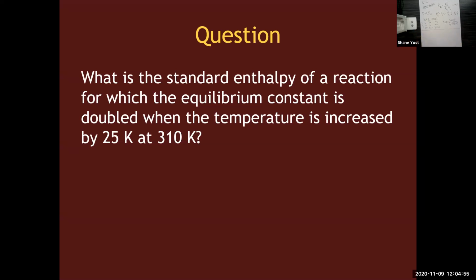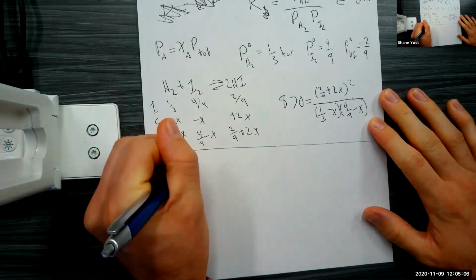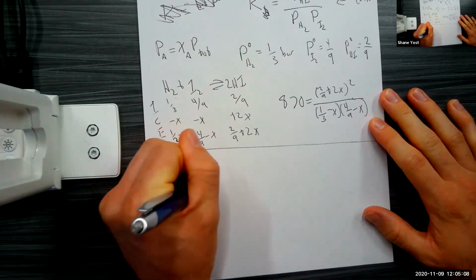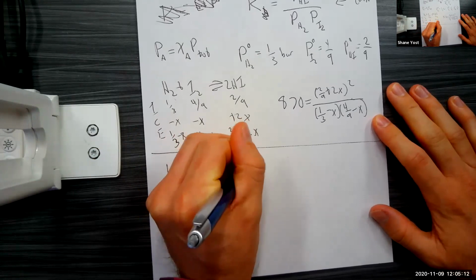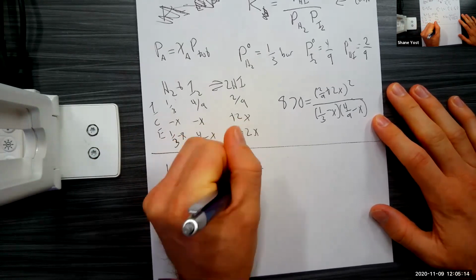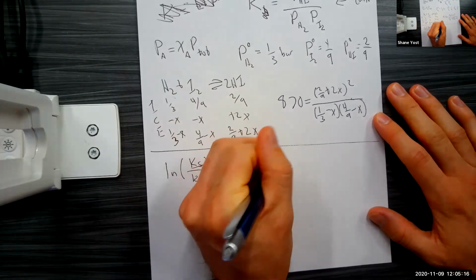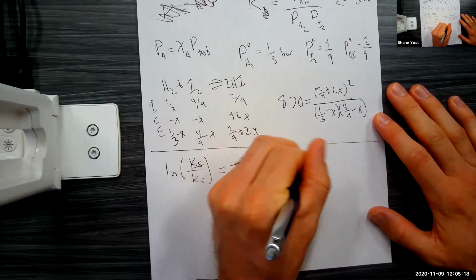All right, so this question is basically just using that van 't Hoff equation, right? Natural log of K final over K initial equals minus delta H of the reaction over R times 1 over T final minus 1 over T initial.